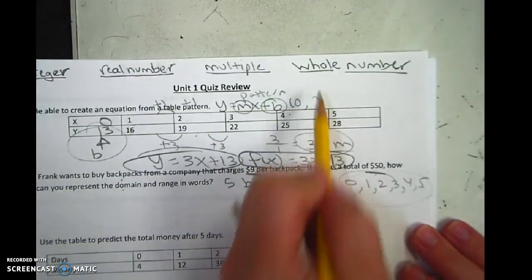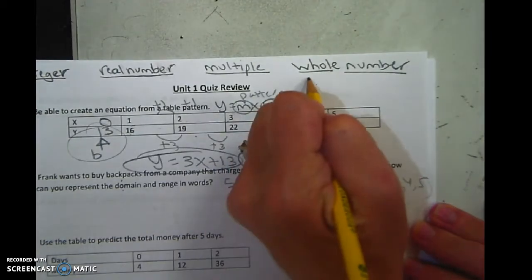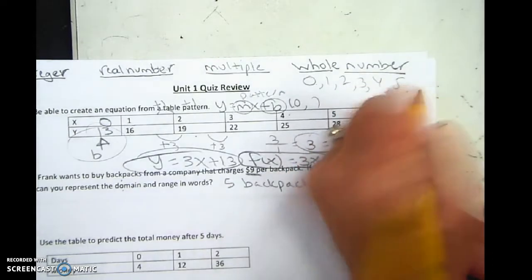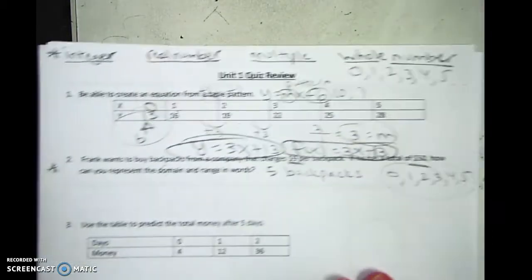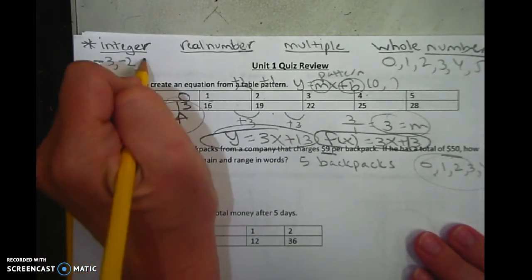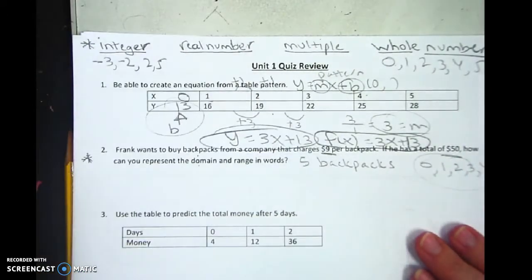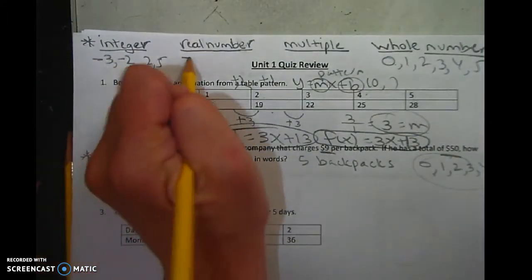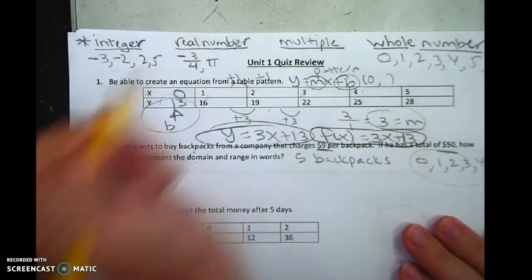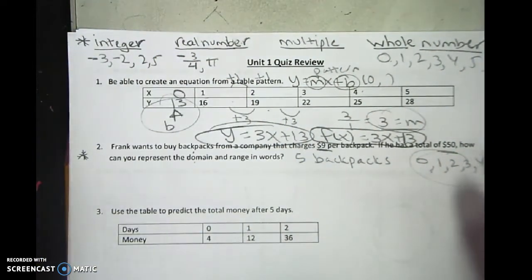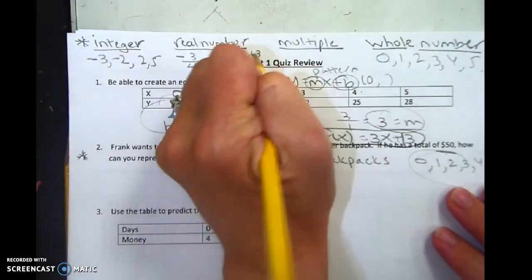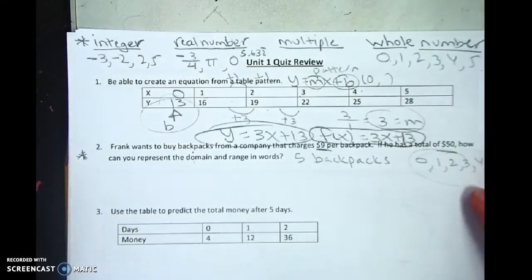So let me go back over here and say that's what is a whole number. It's 0, 1, 2, 3, 4, 5, dot, dot, dot. Just positive numbers. Now an integer is all the negative numbers that are whole numbers to the positive numbers. Okay? A real number is any number that you can fathom as real. -3/4, pi, 0, 5.632 with a hat on top, okay?